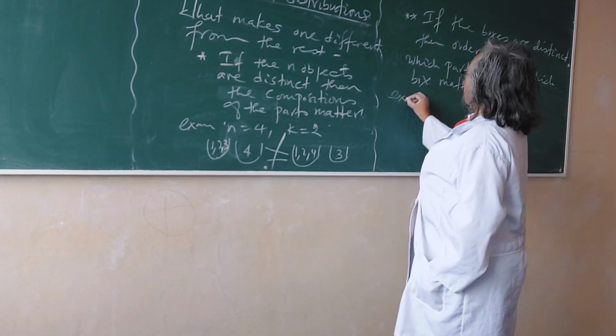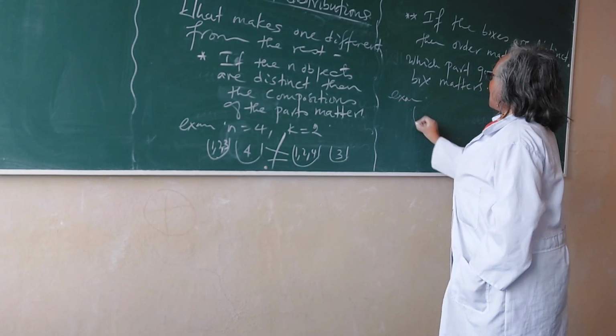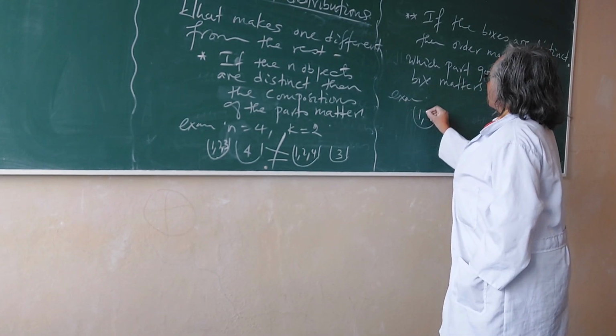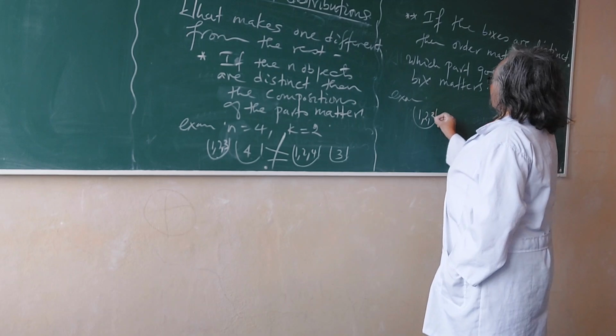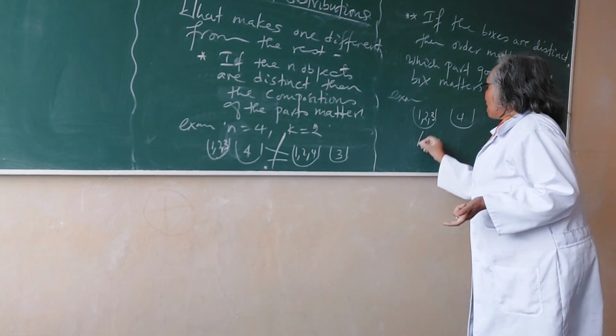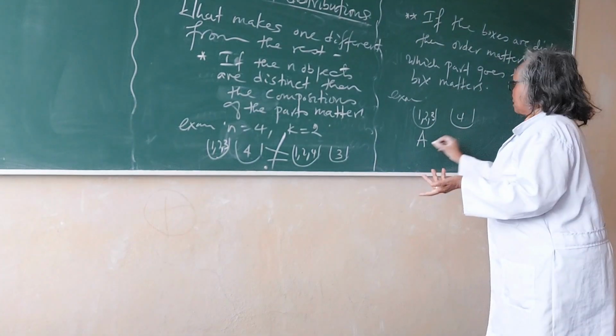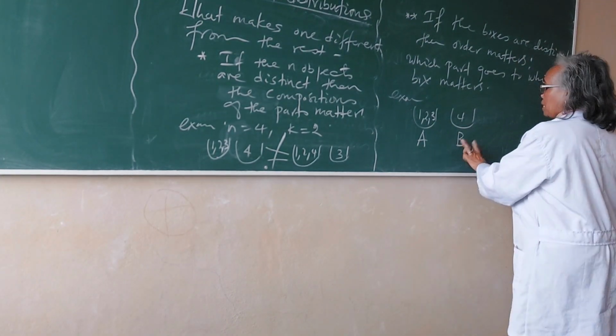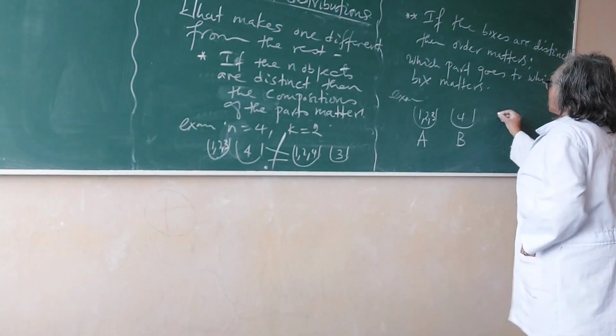So for example, I have 1, 2, 3 and 4, as in the first one. But now, since the boxes are distinct, let's call this A and call this B. They are distinguishable.